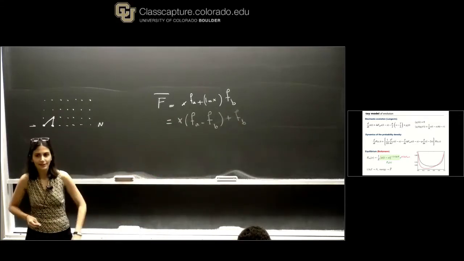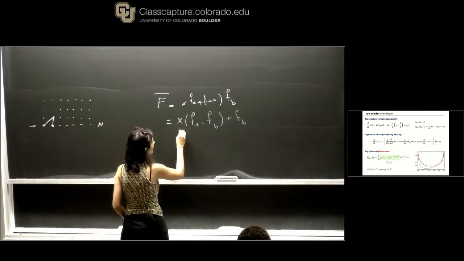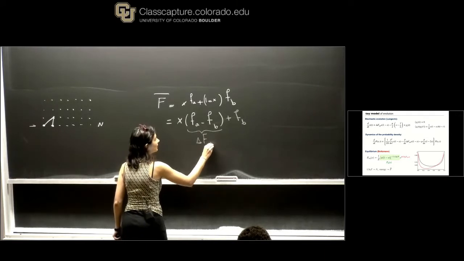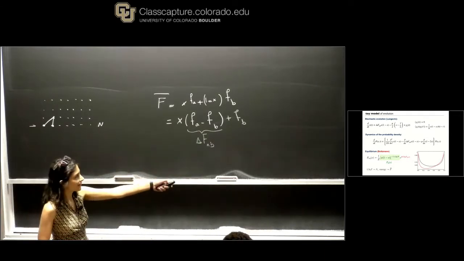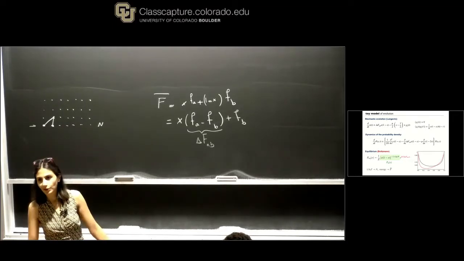You can absorb that in your normalization factor, and this is your delta fab. So I can rewrite that red thing as 2n times the average f up to a constant, and constants don't matter.